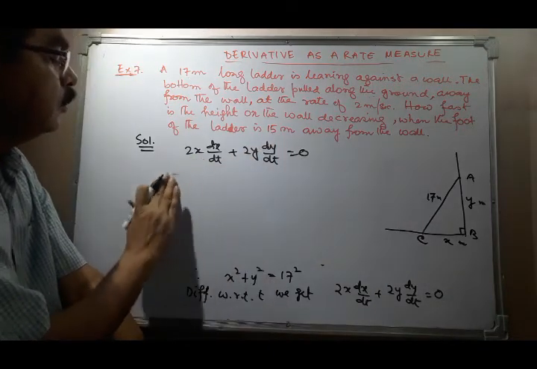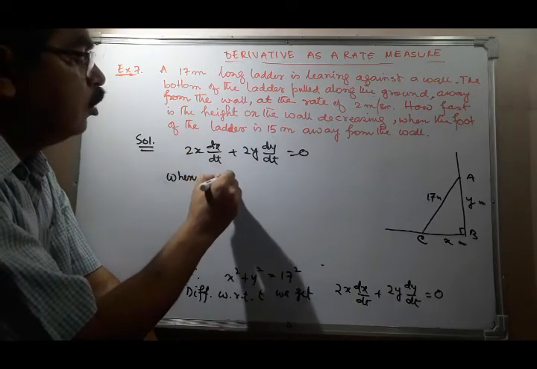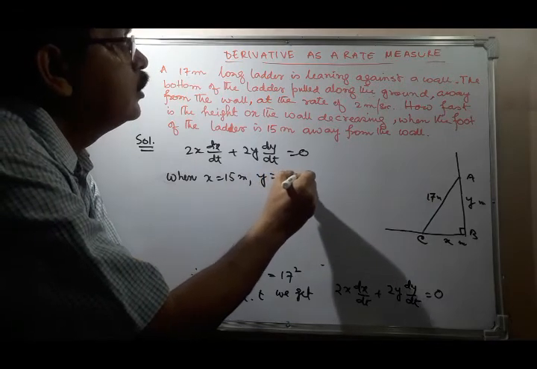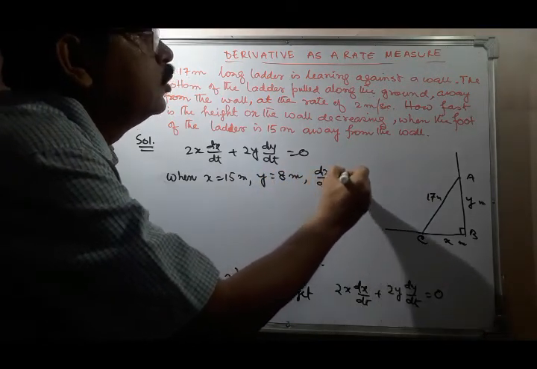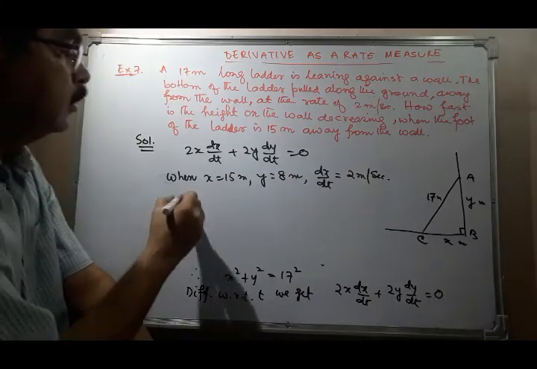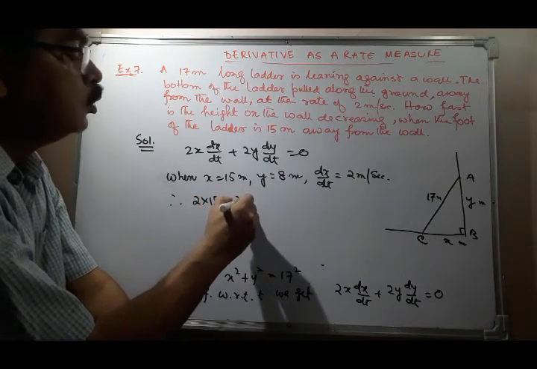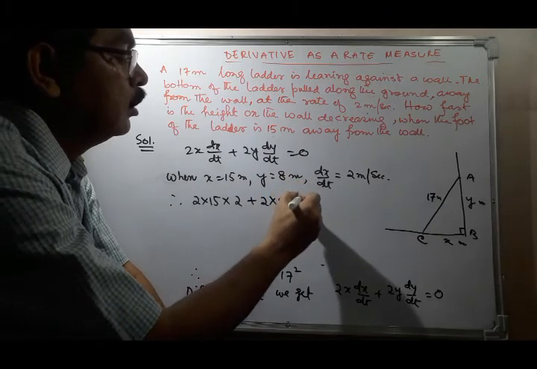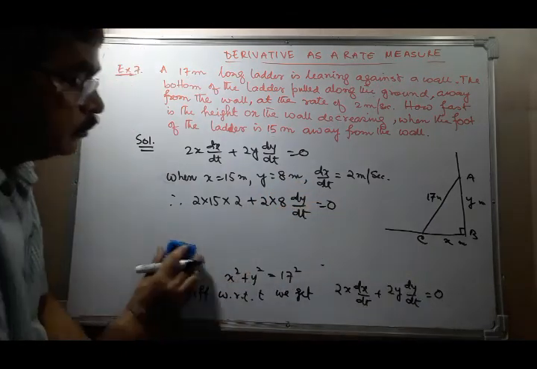Replacing the value, when x equal to 15 meter, y equal to 8 meter, then dx by dt equal to 2 meter per second. Therefore 2 into 15 into 2 plus 2 into 8 dy by dt equal to 0.